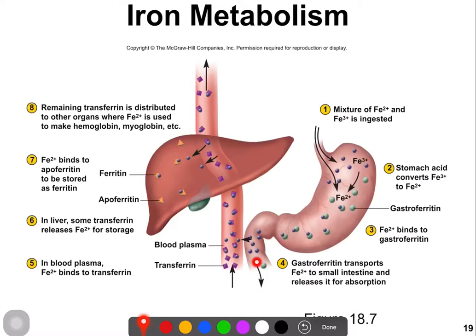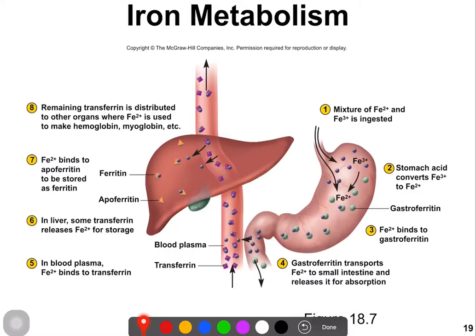Now, the carrier molecule, gastroferritin, does not get absorbed. And look at the name: gastro for stomach, ferritin for iron, right? So the name makes sense. There's another Uber-type company that picks up the iron once it's in the blood, called transferrin. Trans for transport.